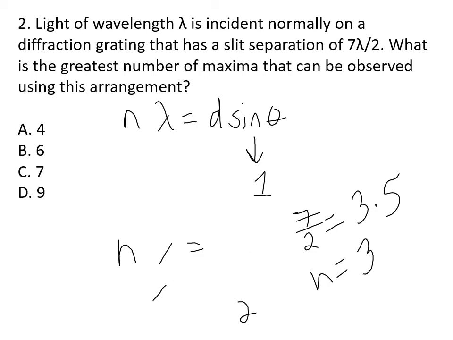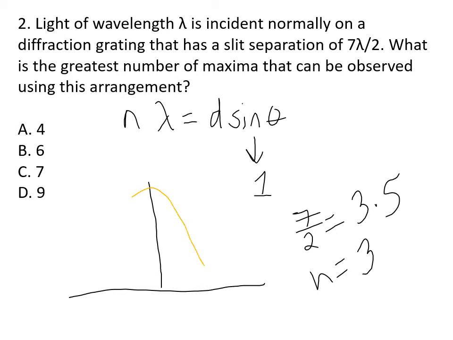If I draw a graph of the intensity pattern, this would look like my intensity pattern. The middle here is the center, and you see 1, 2, 3 peaks. You round down to the nearest whole number. But I know that this diffraction equation is good for only half of the interference pattern produced.